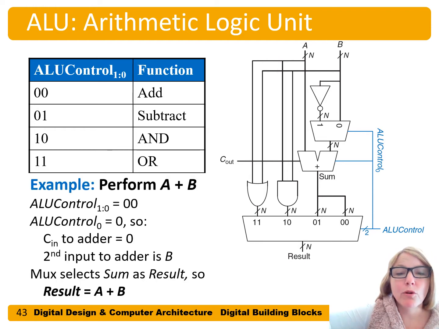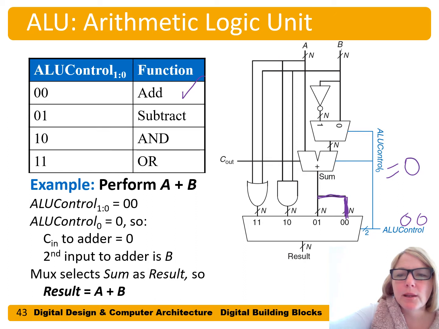Let's suppose we want to perform A plus B. Okay, well, we want to do addition. So we make ALU control 0, 0. All right, the multiplexer is going to pick the output of the adder. And our ALU control bit 0 is 0. So it says, okay, well, choose B to feed into the adder.